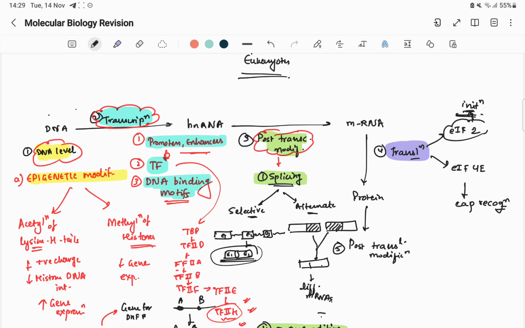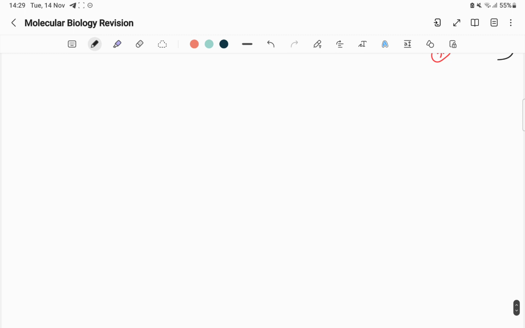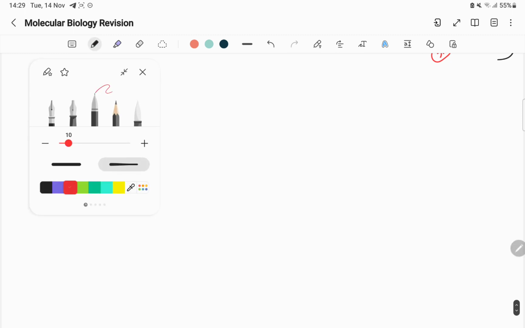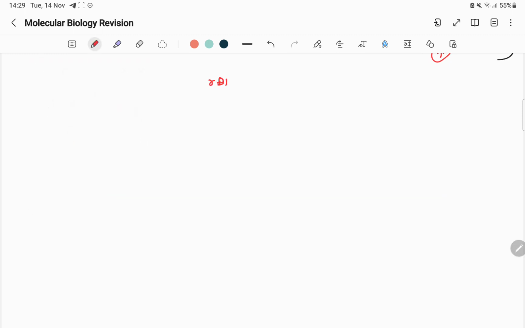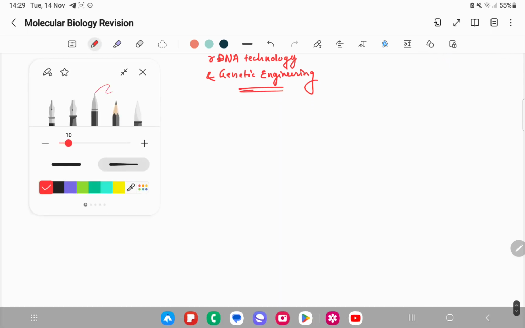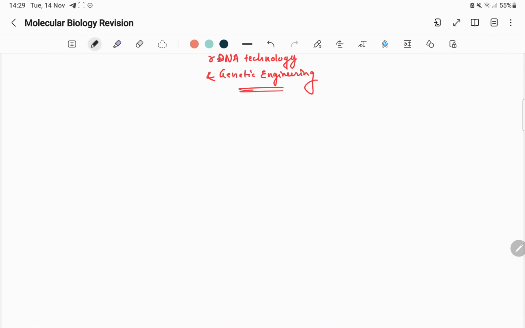Now let's go to recombinant DNA technology, or genetic engineering. Talking about genetic engineering, gene cloning or gene manipulation, what are the steps?